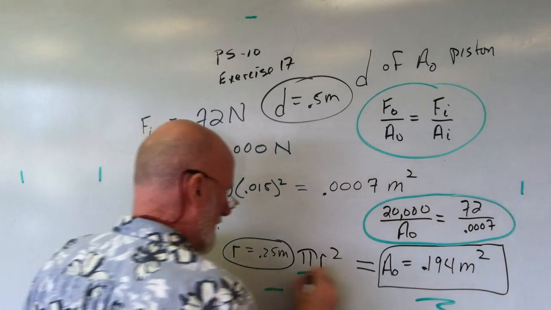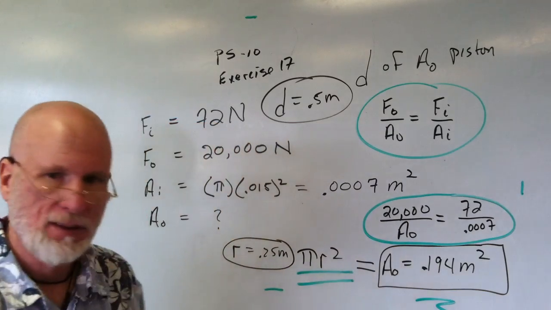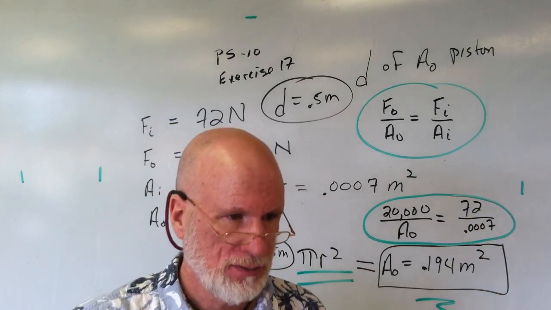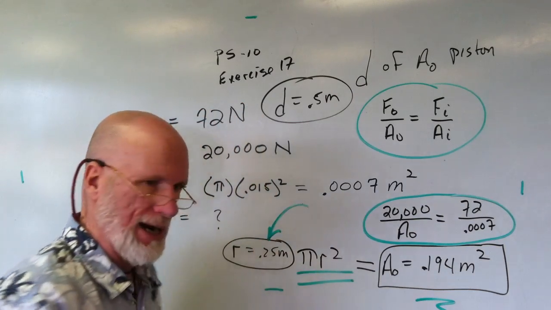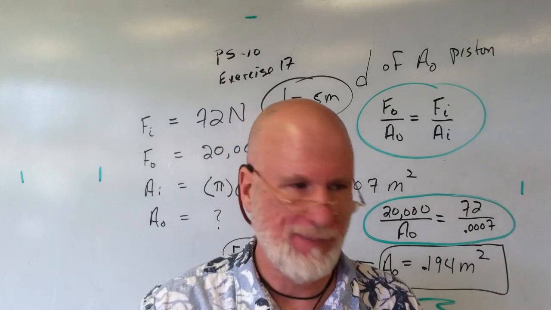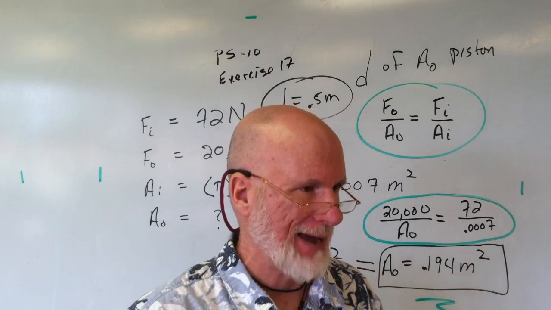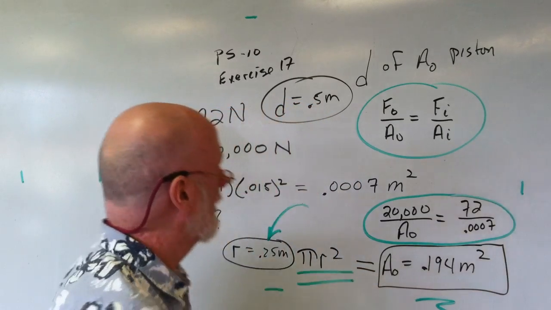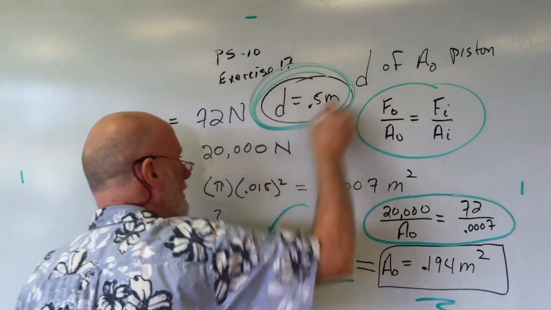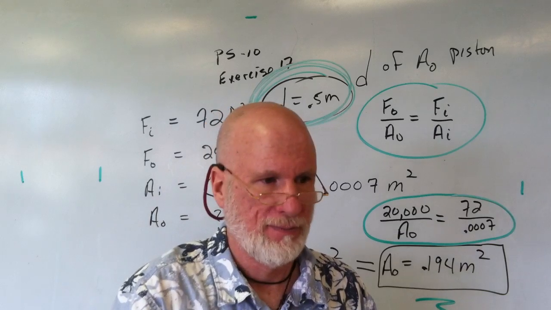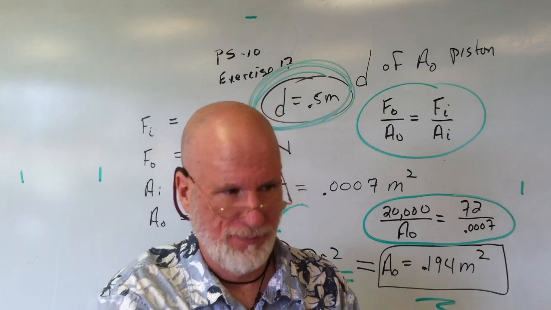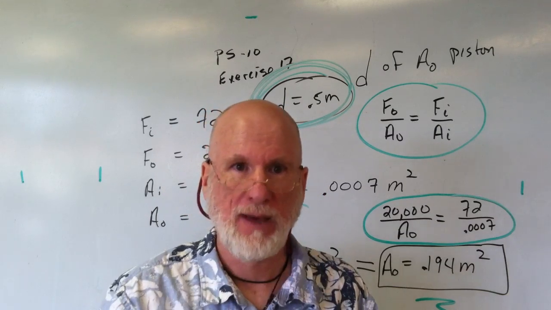I made it equal with this. Solve for the radius. I get 0.25 meters. I want the diameter, so I multiply that by 2, and I get that as the answer. Okay? As you were. Have a great day.